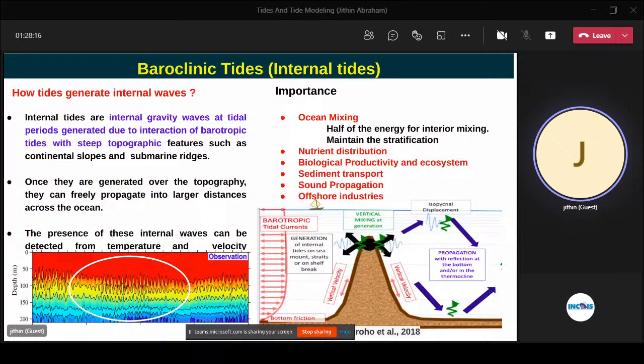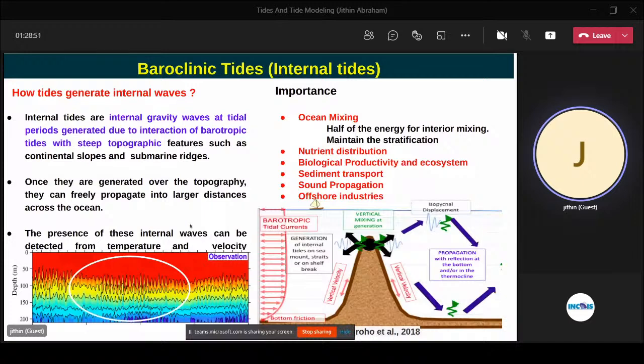These internal gravity waves exist inside the ocean and can propagate vertically also. The waves we see on the surface of the ocean mostly propagate in a horizontal direction, but these waves can propagate vertically and transfer energy into the deeper layers of the ocean.